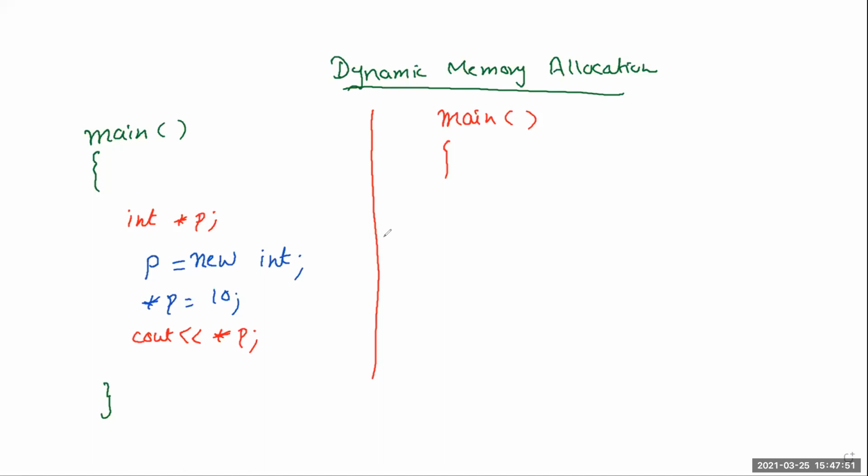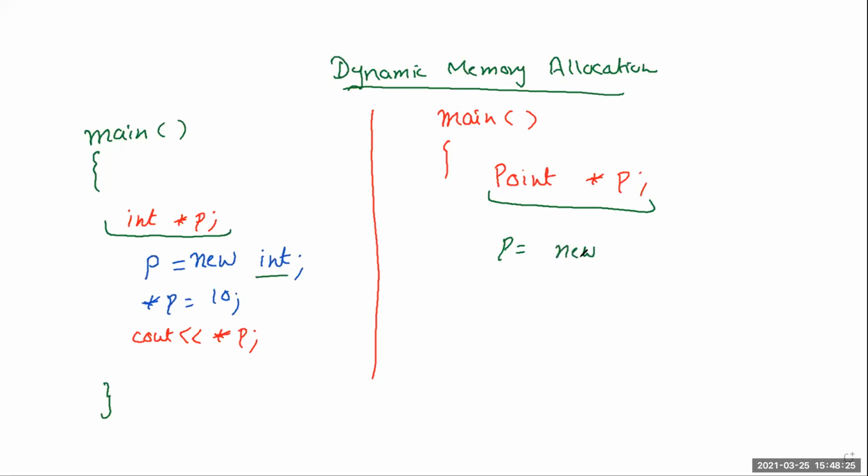Exactly as I tell you, what is the syntax on the left side? Data type, star, and some variable. So if you have data type which is Point, instead of int I'm writing Point, then I have exactly the same syntax. Now you can compare the left side and the right side, and you see they are very much similar. What I have highlighted on the left and the right, only the data type has changed.